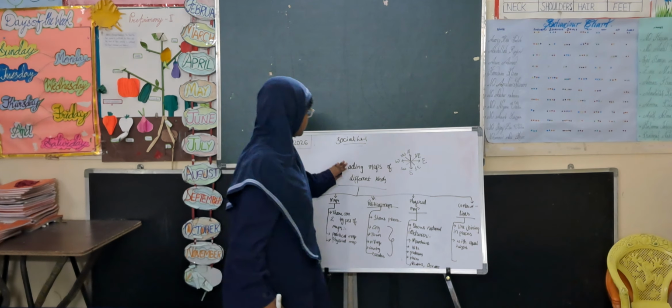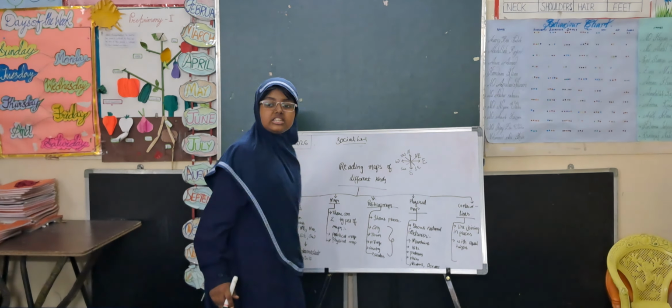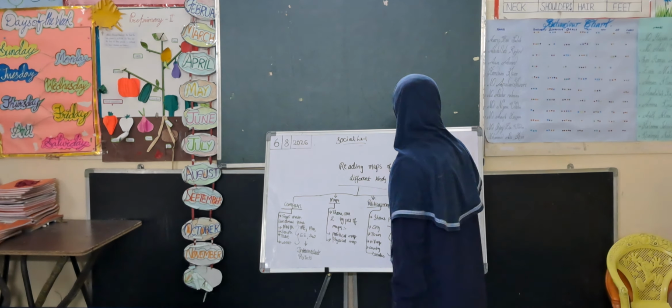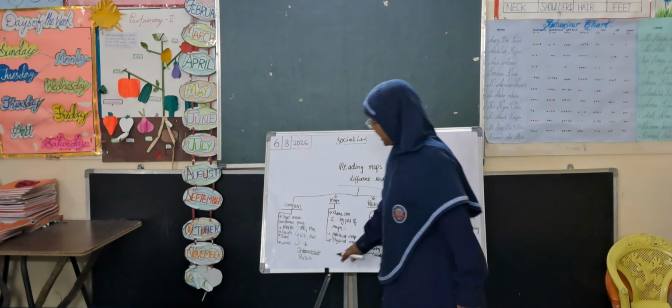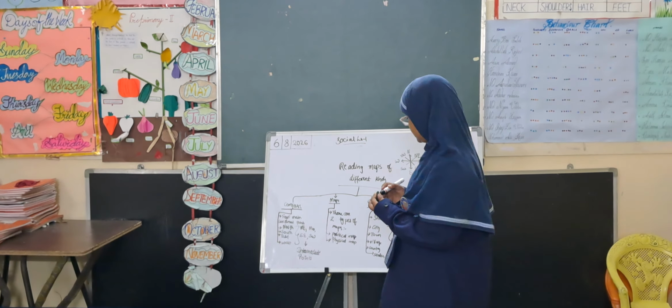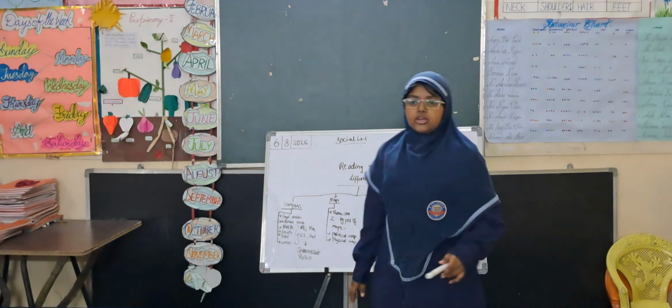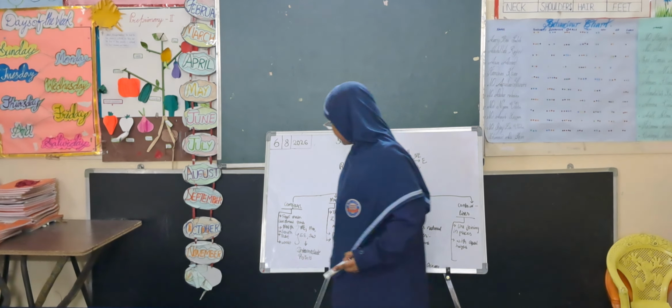So north, south, east and west are the only cardinal points, and northeast, northwest, southwest, southeast are intermediate points. Okay, so a small recap.